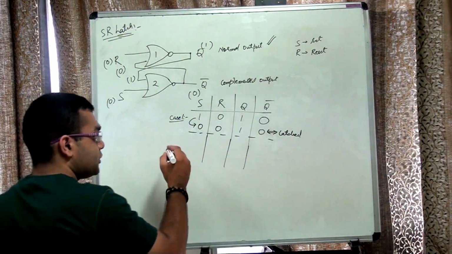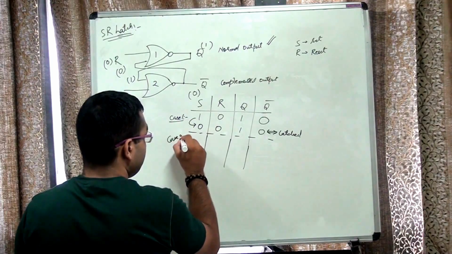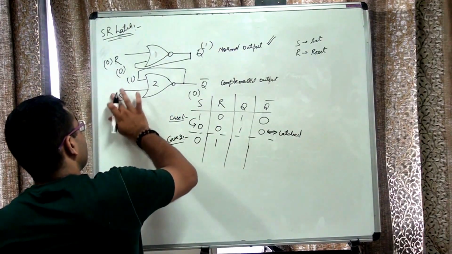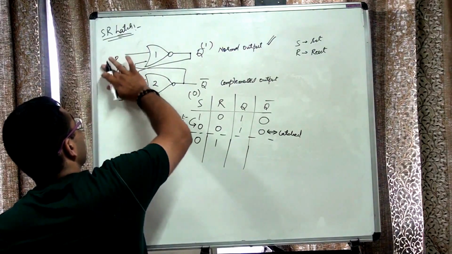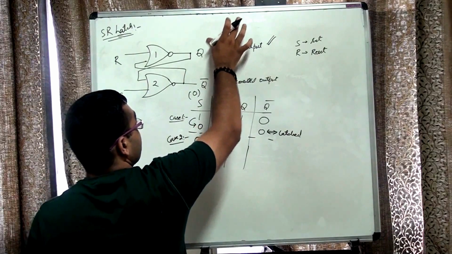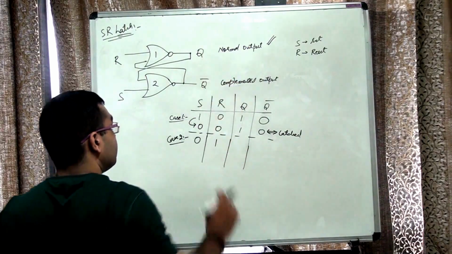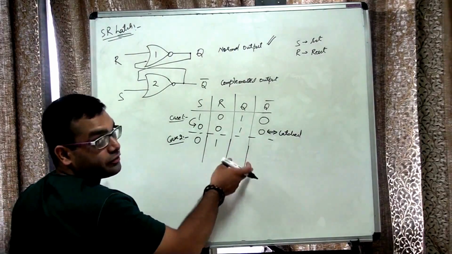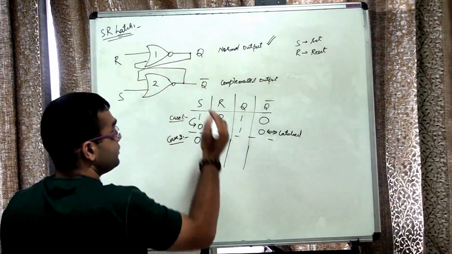Alright. So now let us start in case 2. Initially the value of this is 0, this is 1. Now let us talk about this scenario. You can see when any of the inputs is 1, output will definitely be 0. R is the input of gate number 1, so this will be 0.